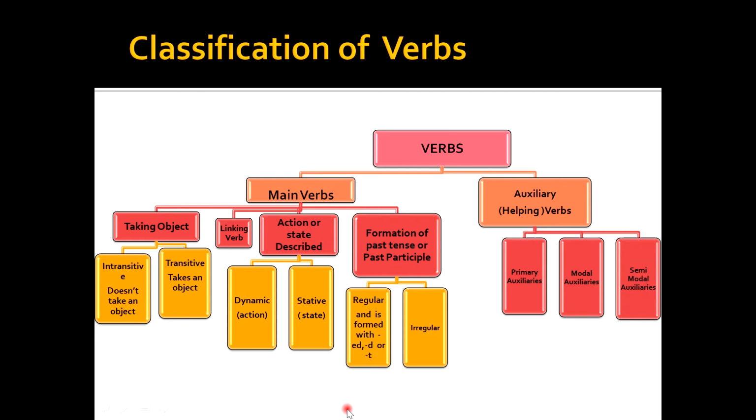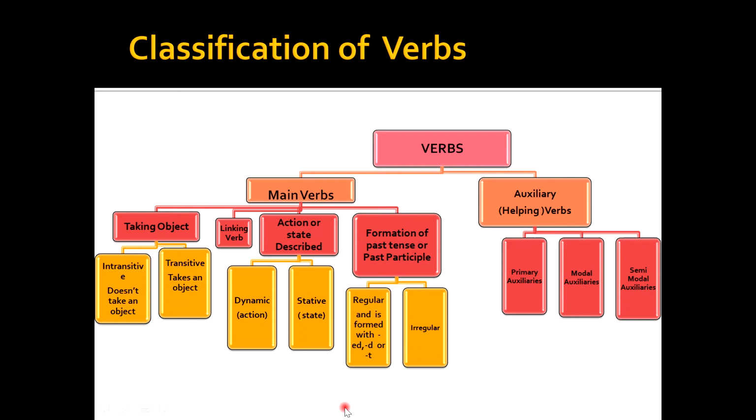Even though usually we use the forms of be, am, is, was, were, being, been, etc. as linking verbs, we have some other linking verbs like appear, become, look, remain. For example, if we say the man remained silent, the remained is a linking verb.